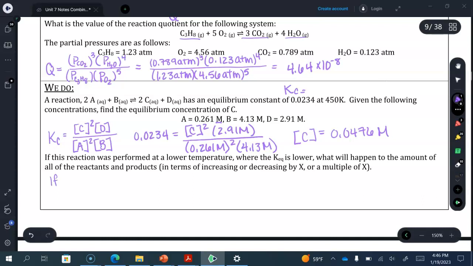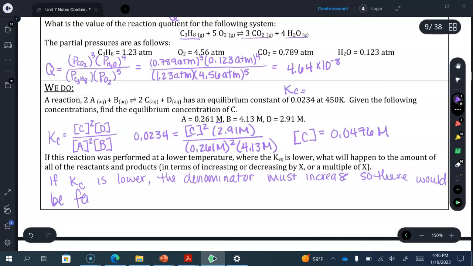So if the equilibrium expression, so Keq or Kc, is lower, the denominator would be larger, so there would be fewer products and more reactants.